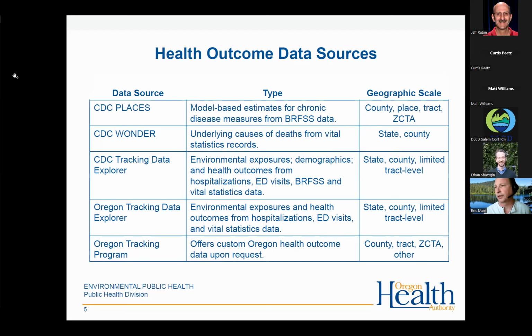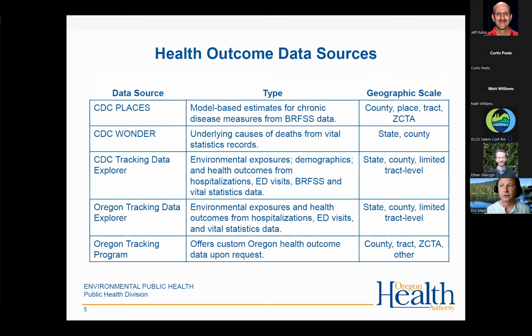The next source is the CDC Tracking Data Explorer. This site includes environmental exposures, demographics, and health outcomes, and those health outcomes can come from either hospitalizations, ED visits, the BRFSS, or vital statistics when it comes to reproductive outcomes.